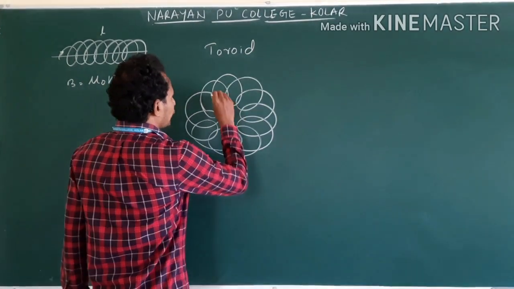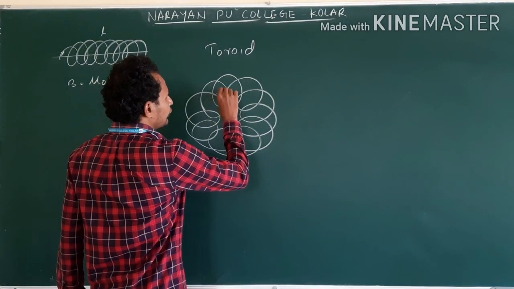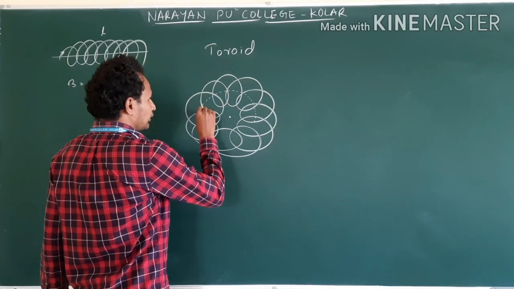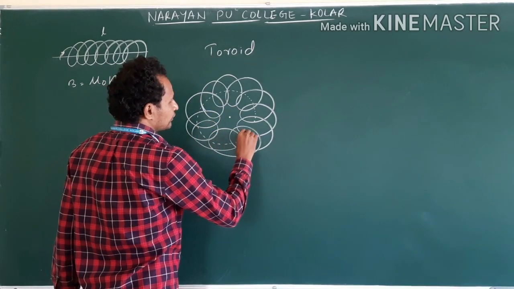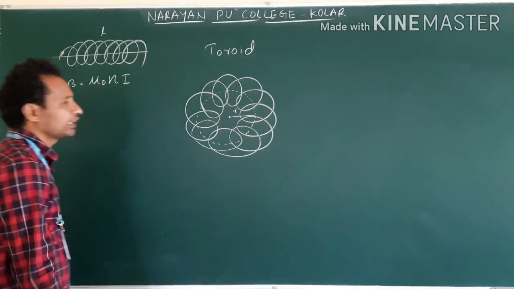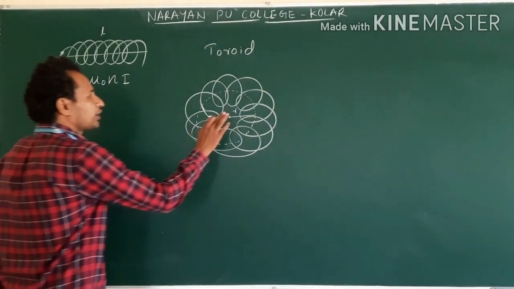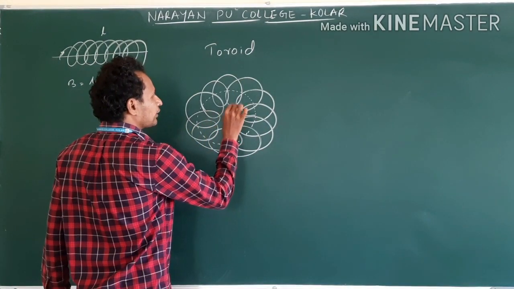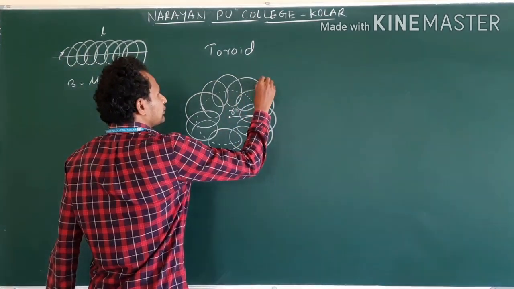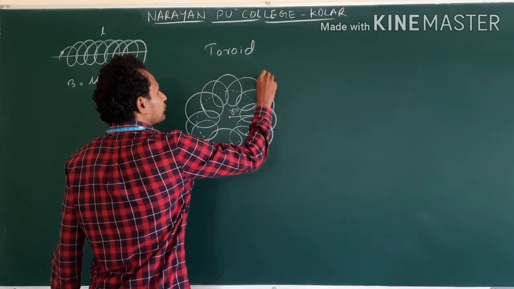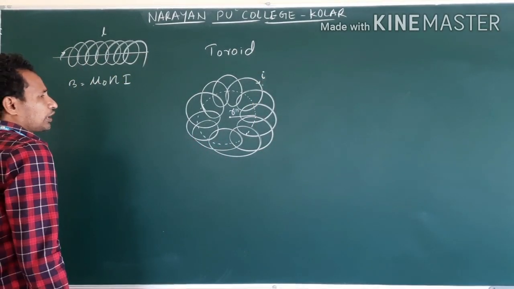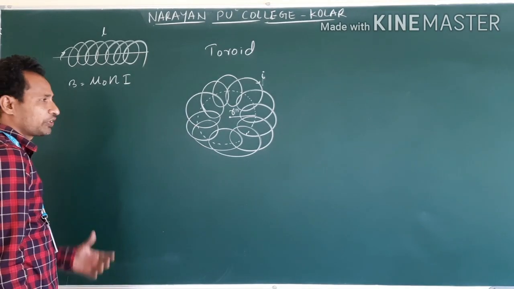Now the line which passes through these circular coils, we take it as the radius of the toroid, R. Now this is carrying a current I. To find the magnetic field, I'll follow Ampere's circuital law.